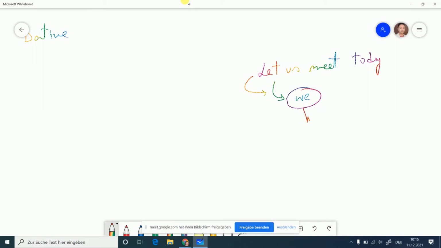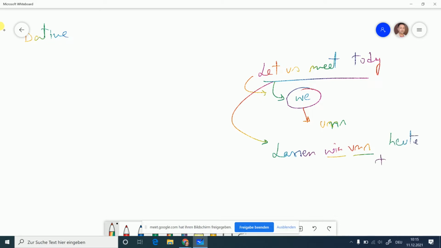So here we will be using uns. Actually, a typical sentence when we say it in German comes out to be lassen wir uns heute treffen. We use wir also and uns also. So what I want to focus upon is uns will be used once we are using accusative case.